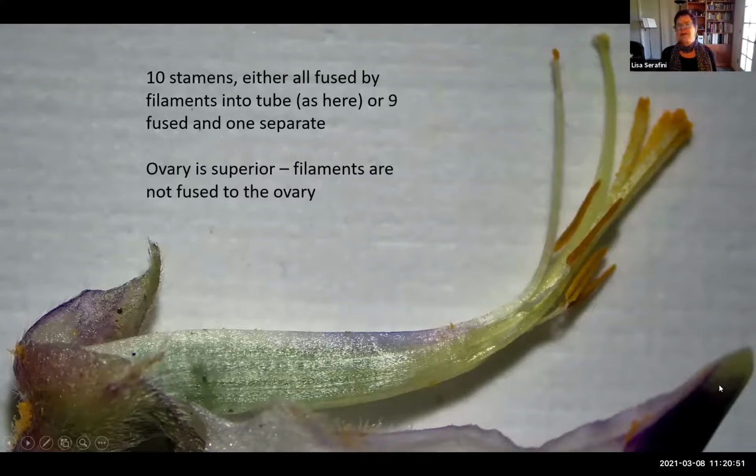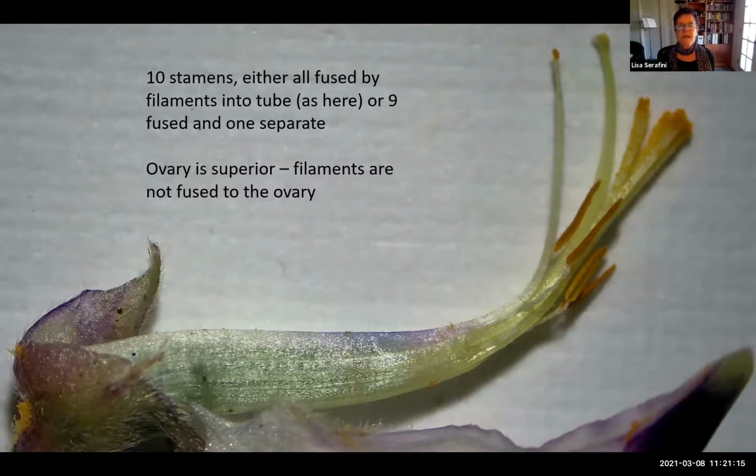Again, it's called keel because it looks like the keel of a boat, or I think it actually looks like a rowboat, or canoe, excuse me, canoe. If you pull that down, then you'll see the sexual parts, because usually they're within the keel, but an insect's weight would push the keel down, and then it would get dusted by pollen on its abdomen.